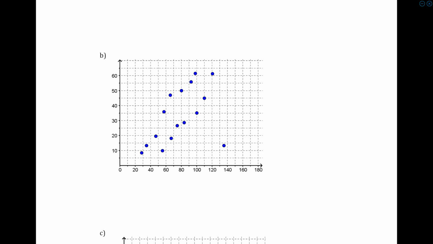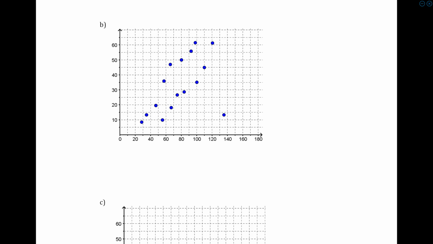Let's try this one. Let's try to make a line of best fit here. Something like that is what mine looks like.